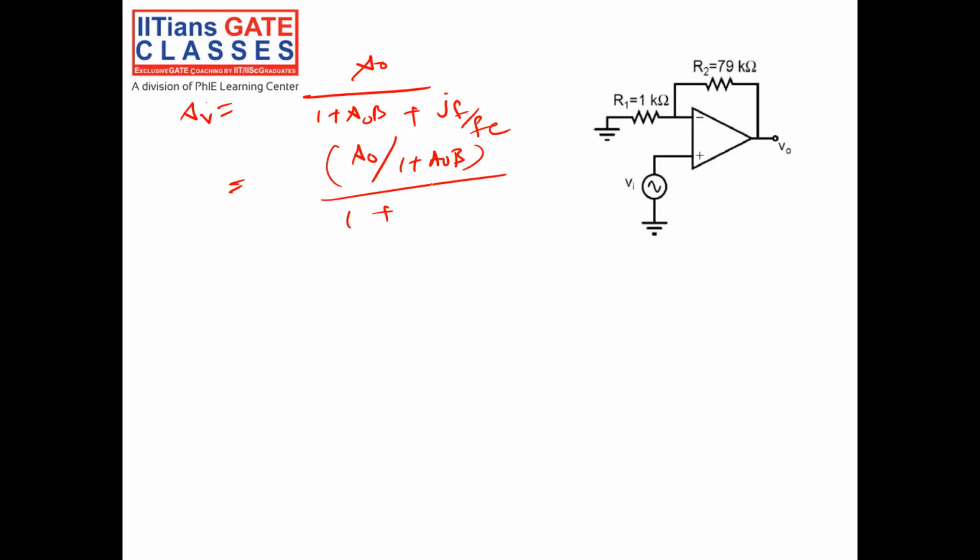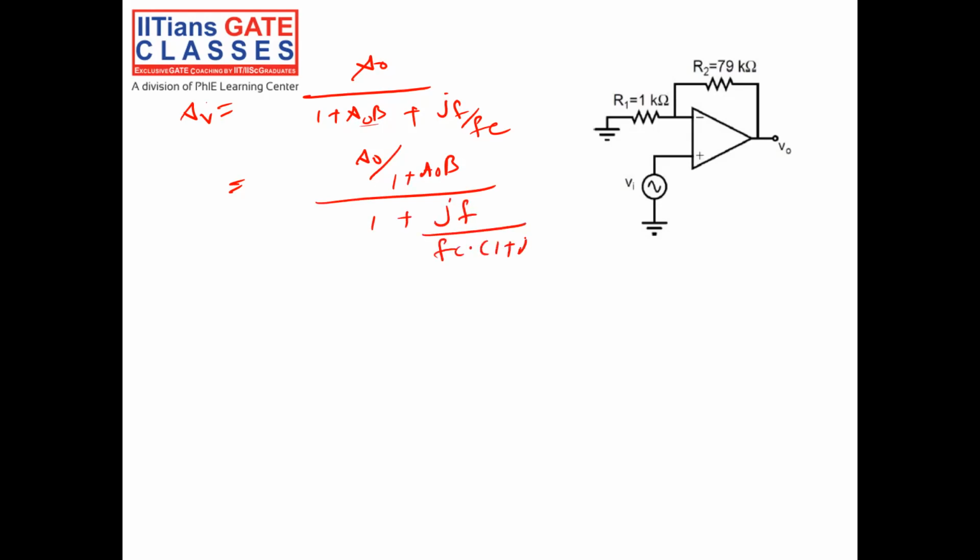If somebody doesn't understand, let me do it another way. If I take 1 plus A0 beta common, it will be A0 by 1 plus A0 beta, divided by 1 plus j into f by fc into 1 plus A0 beta.